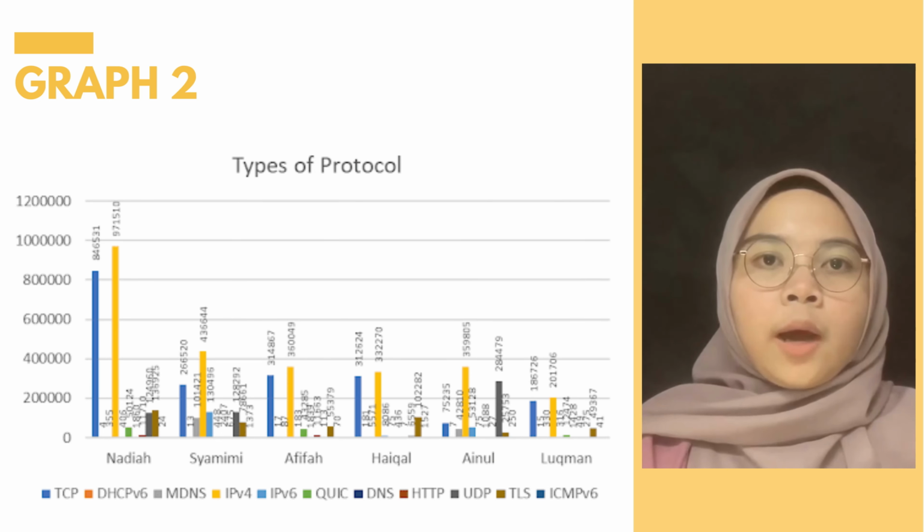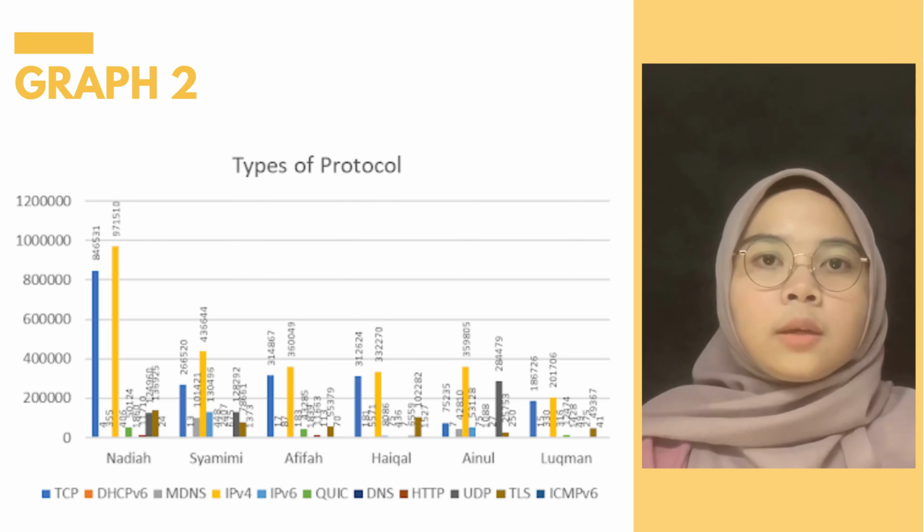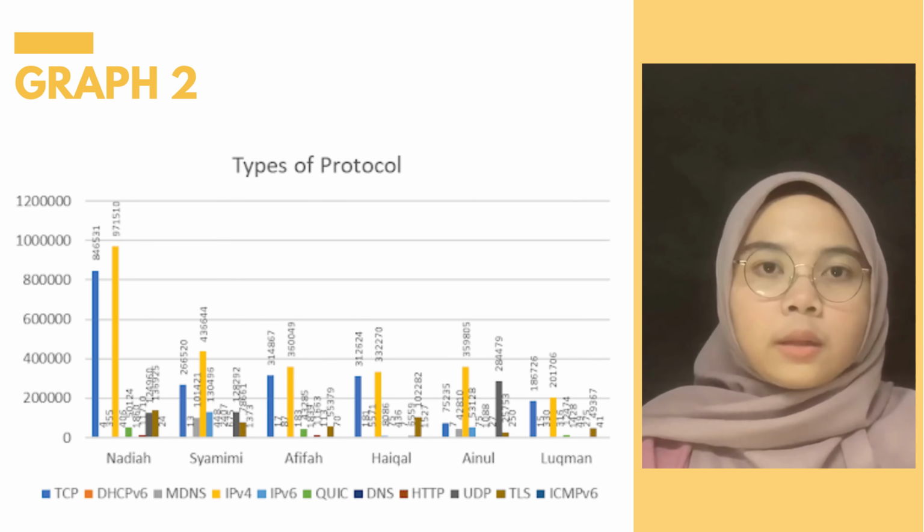Then, for UDP, Ainu gets the highest value, which is 284,479, and the lowest value is Afifa, who gets 113.